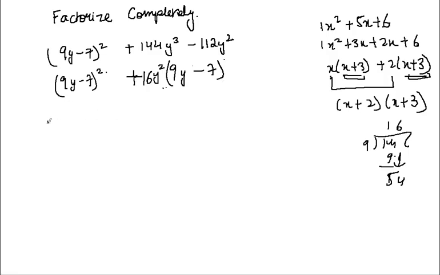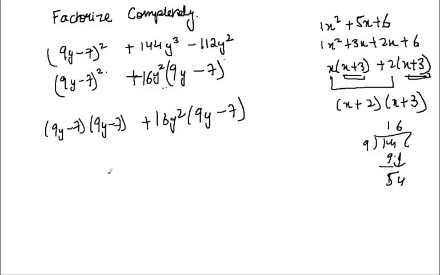Now let's just write this like this. We are not going to be expanding the brackets, but let's write it like this: plus 16y square times 9y minus 7. What's happening here, focus on these two brackets. Take x as this 9y minus 7, so basically make it 9y minus 7 and x plus 2.